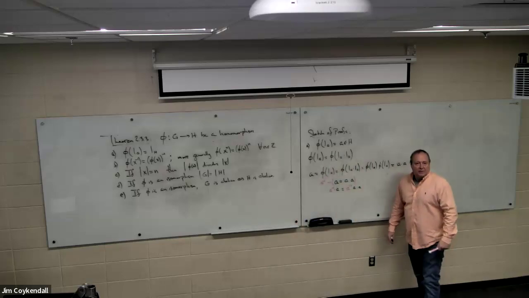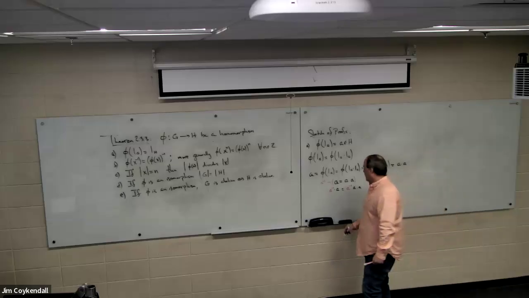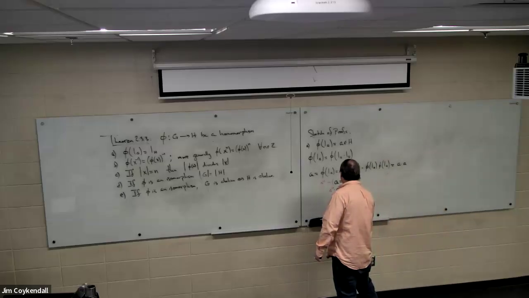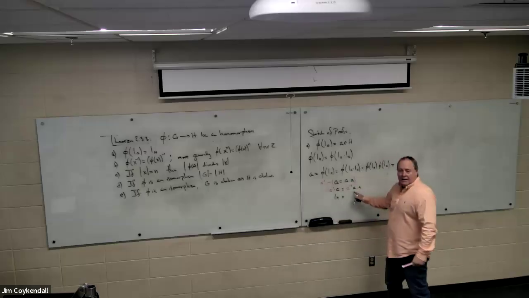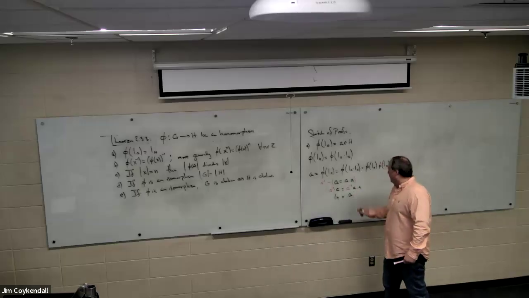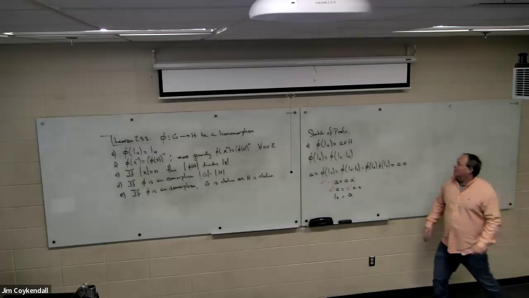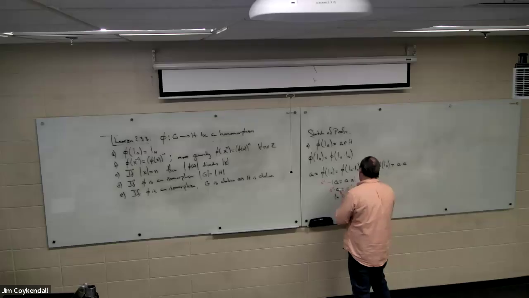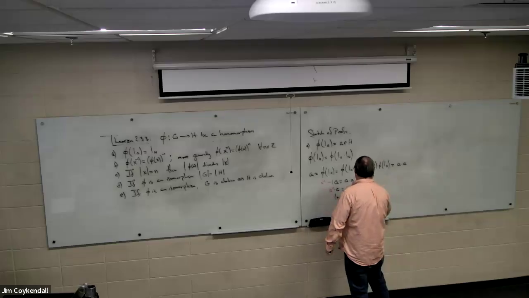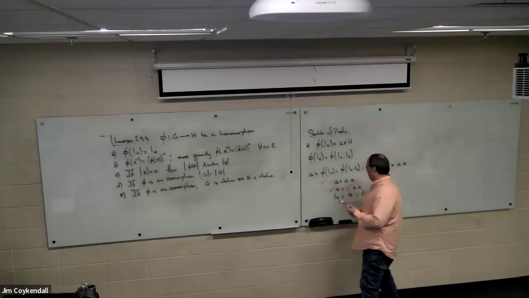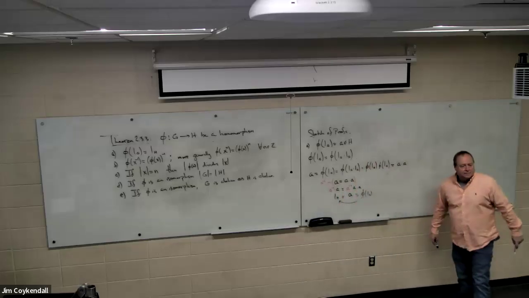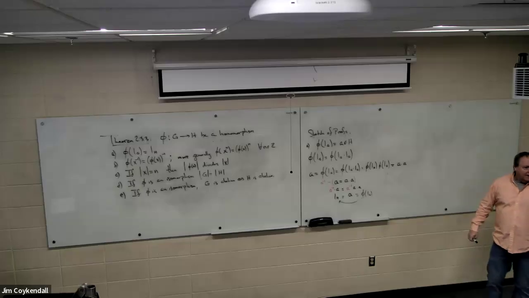A minus 1 times A is the identity of H, isn't it? And one of these cancels. And that's A. And that's A. So phi of the identity of G is the identity of H. Everybody okay with that?